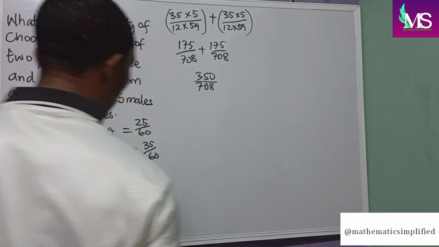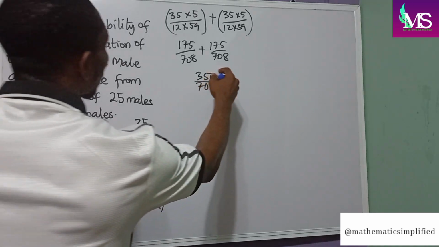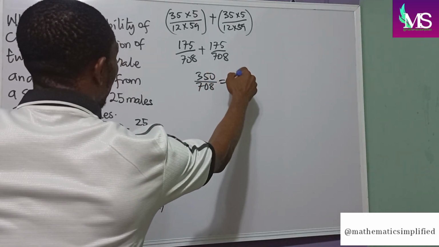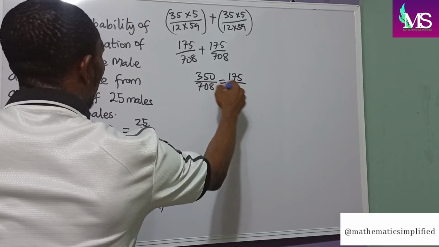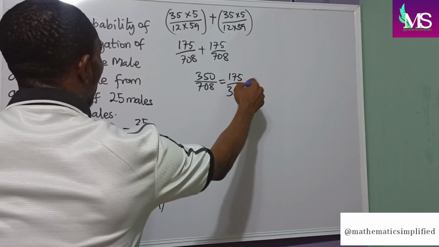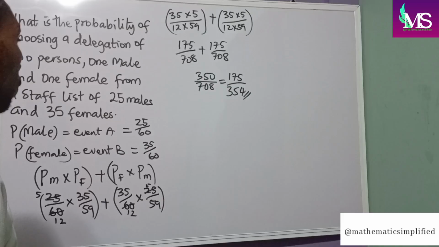We can use 2. 2 into 350 will give us 175, all over 2 into 708: 2 into 7 is 3, into 10 is 5, into 8 is 4. So it will give us 175 over 354 as our answer.